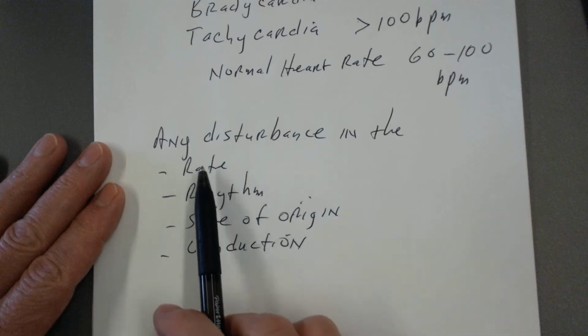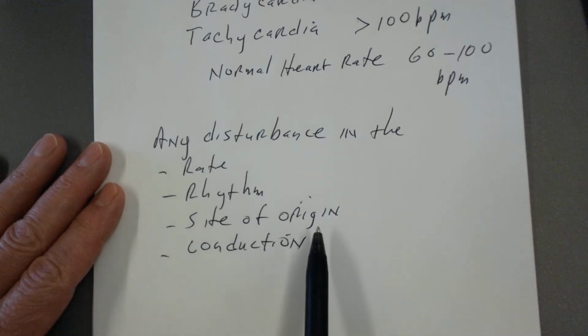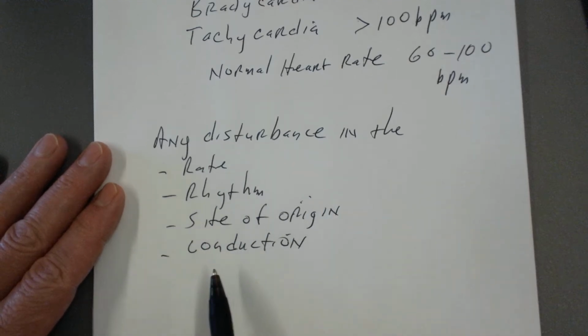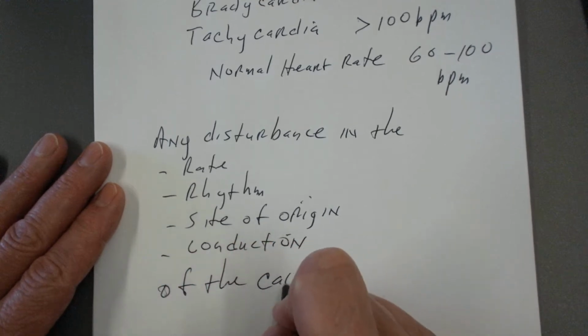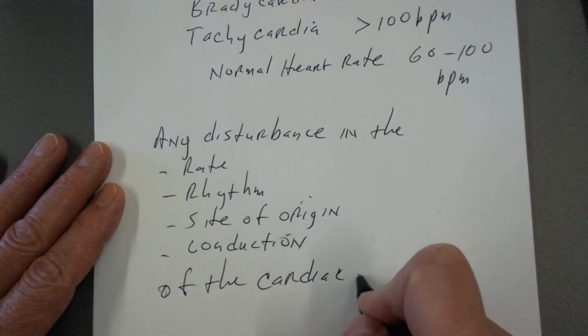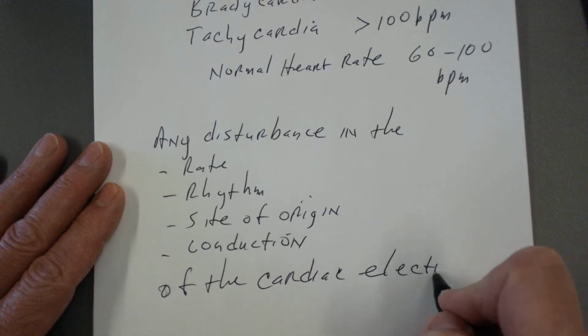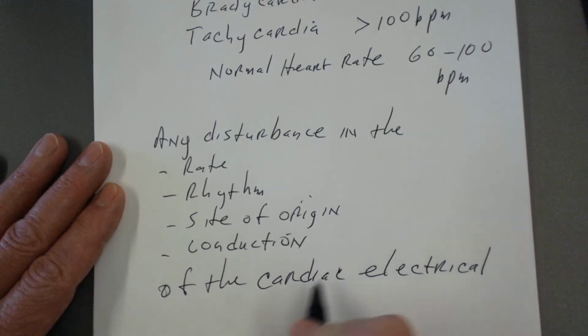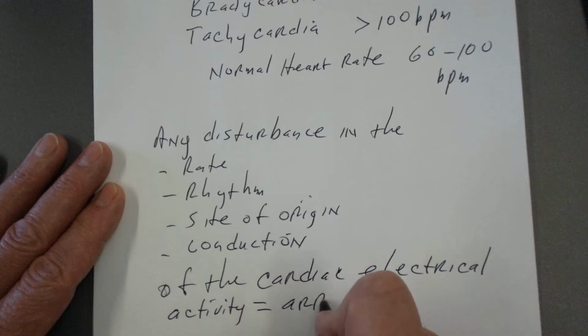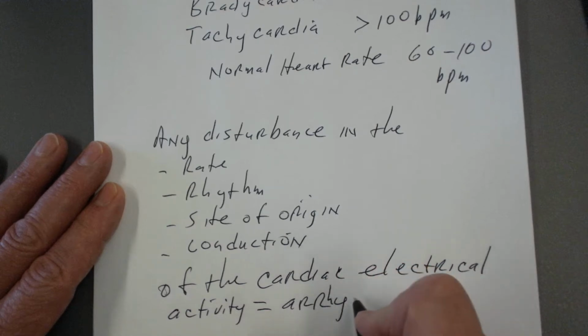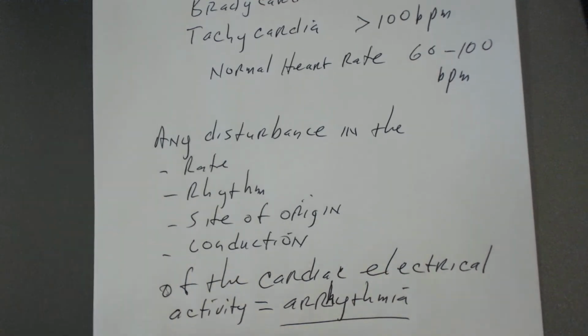So any disturbance in the rate, rhythm, site of origin, or conduction of the cardiac electrical activity is by definition an arrhythmia.